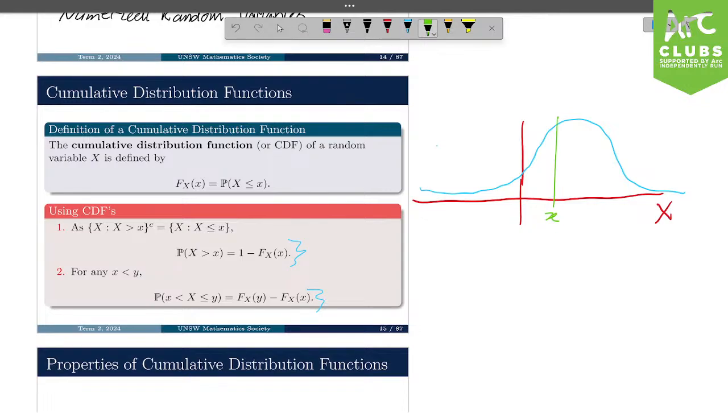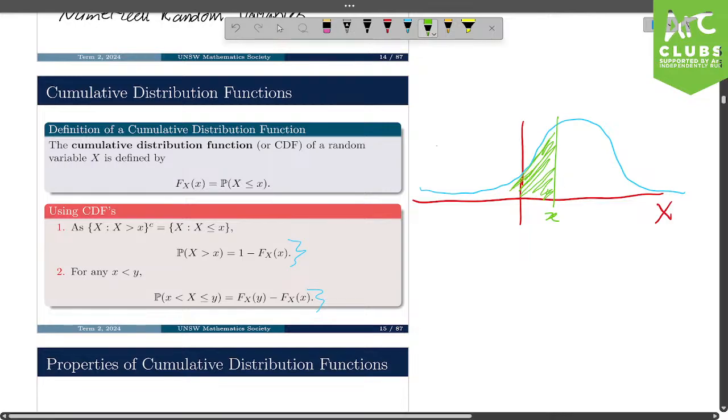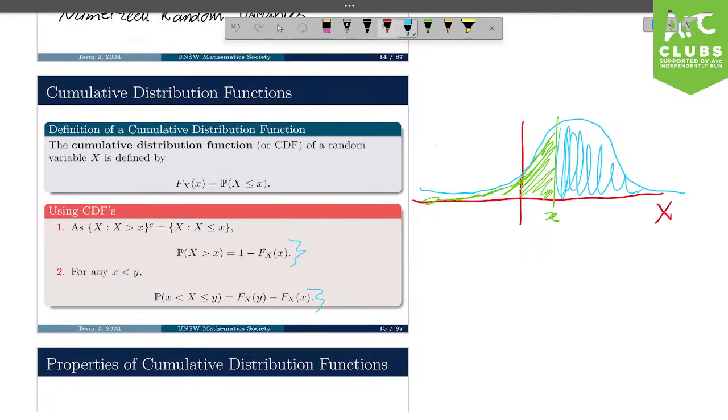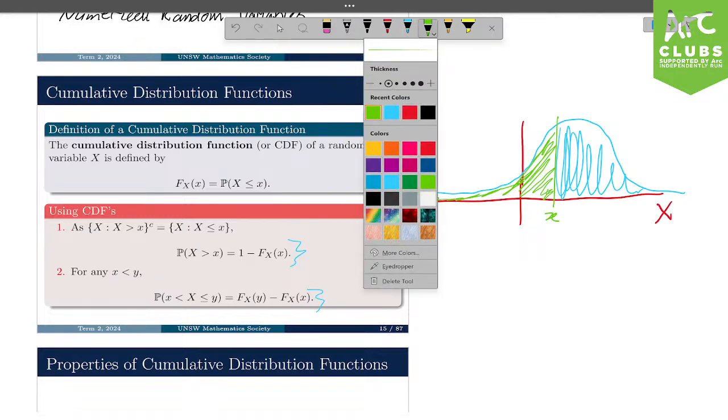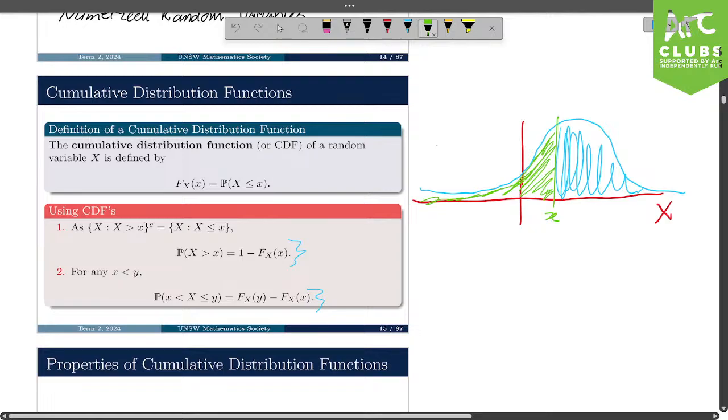If we go back to the diagram, we can say that if the area of the whole distribution is equal to 1, and we subtract off this bit, then all we are left with is this bit. And of course, we have to think about whether we're including x or not. If we have a discrete random variable, then including x and not including x is going to make a difference. That's just something to note.